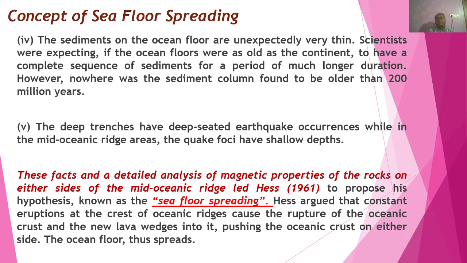The deep trenches have deep seated earthquake occurrences, while in the mid oceanic ridge areas the quake foci have shallow depth. This term we will not understand now. In the geomorphic process chapter, we will definitely decode this statement.